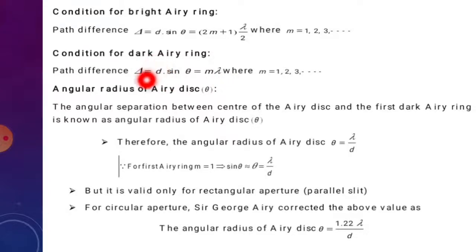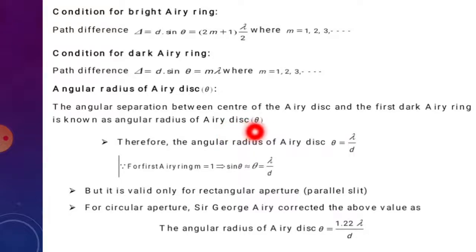Now we will see the angular radius of the Airy disk. The angular radius means the angular separation between the center of the Airy disk and the first dark ring. The distance from the center of the Airy disk to the first dark Airy ring is known as the angular radius of the Airy disk.